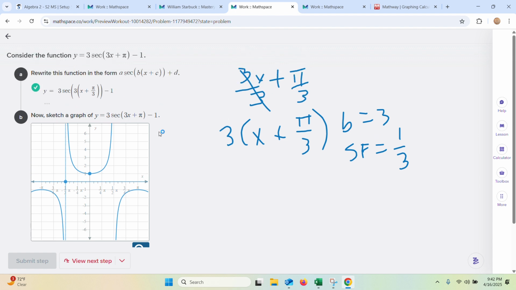Okay, now we sketch the graph. So again, we always start with this 3. That means b is 3. The scale factor is 1/3. So this one's going to get squeezed.